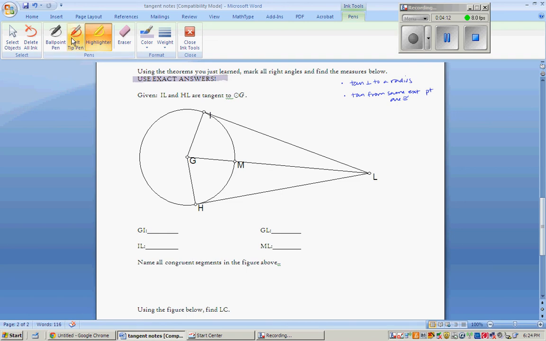Go ahead and start marking where you would find any right angles in this picture. We're also going to mark that this is 14 and that GH is 7. So take a few moments, and in about 5 seconds, all of these answers are going to reveal themselves.